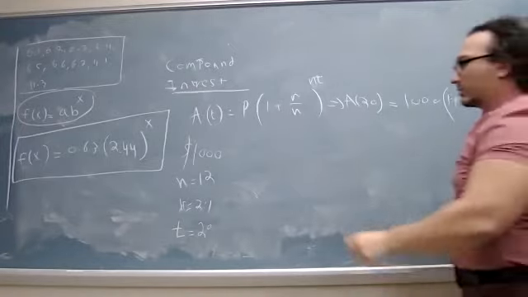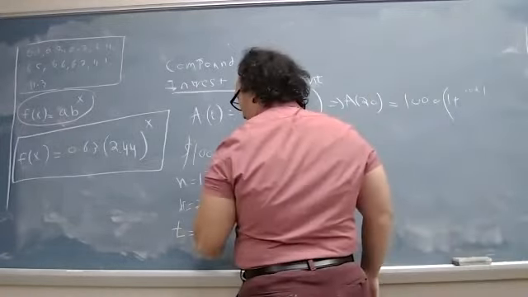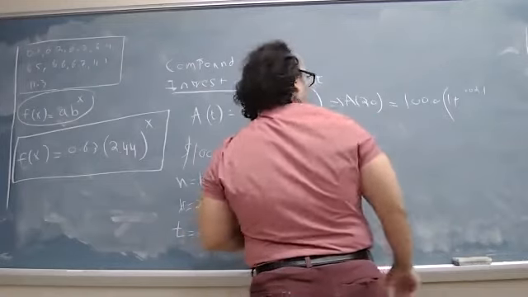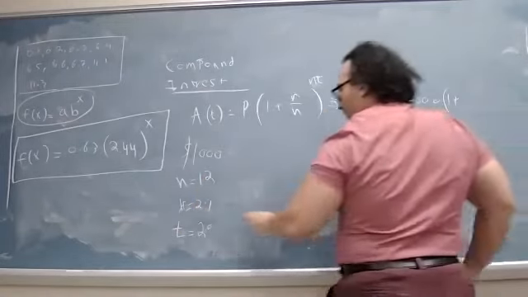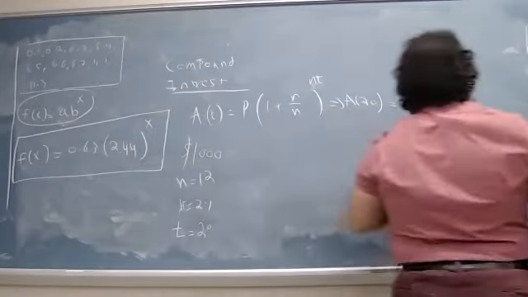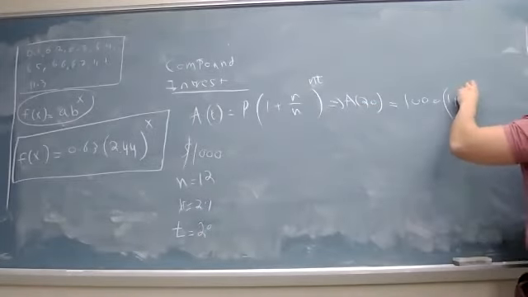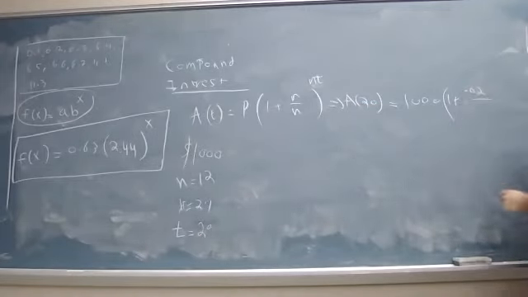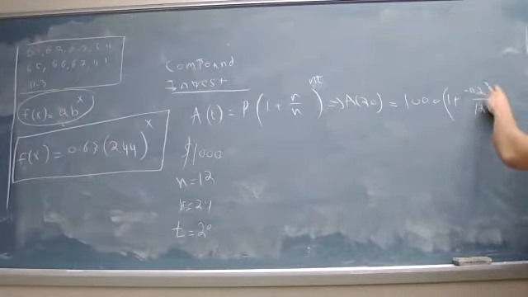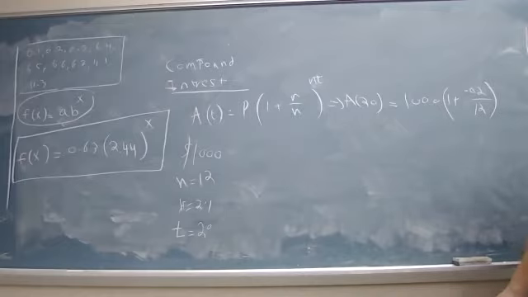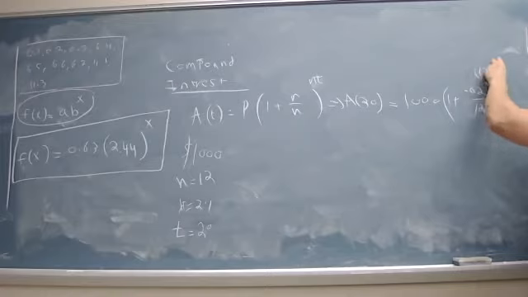Oh, not 2.1, but just 2%. So we move the decimal over 1, 2, so it's 0.02. We divide this by the number of times it's compounded per year, and if it's compounded monthly, it's 12 times per year. And so the exponent is going to be 12 times 20.